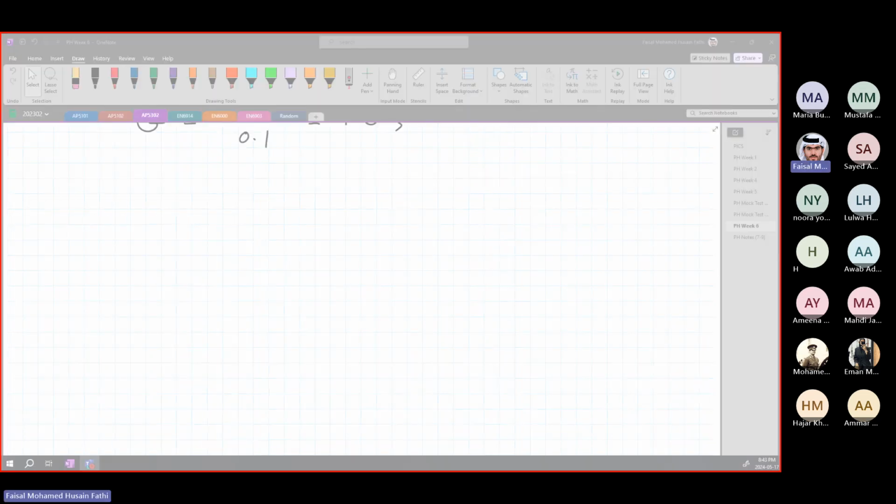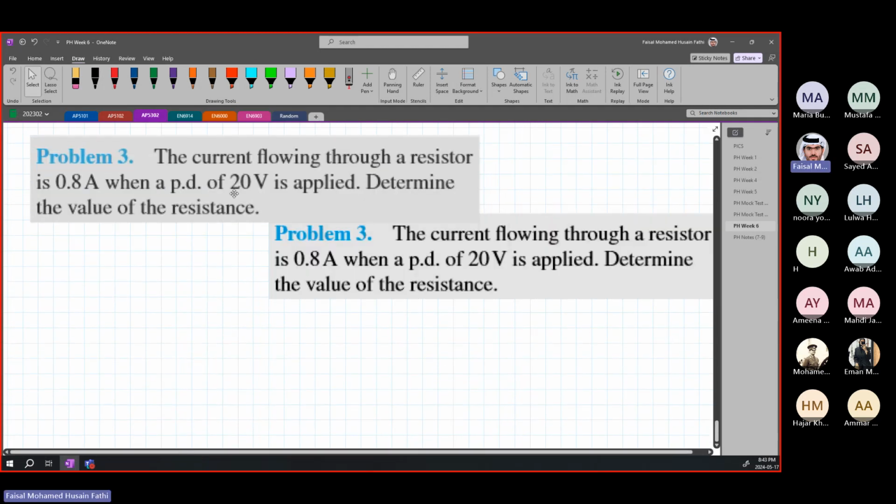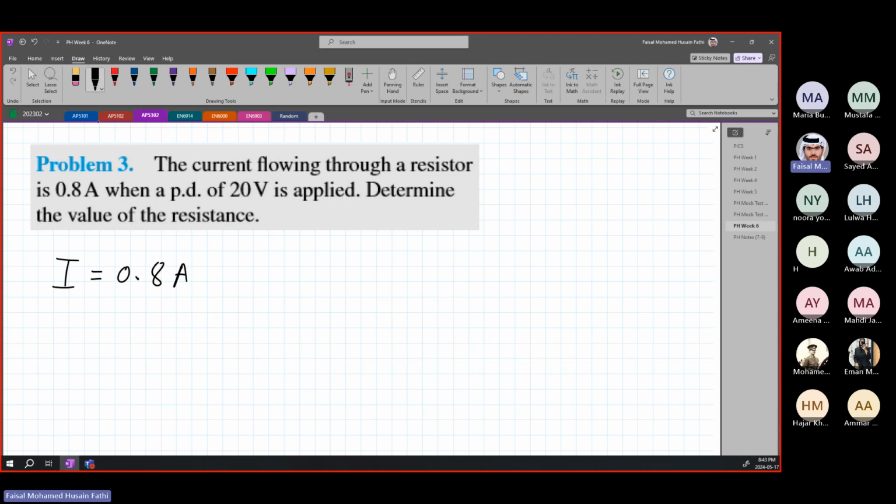Okay, I'm gonna guess that everyone's okay with it. Let's start with an easy one. So the current flowing through a resistor is 0.8 amperes. So we know that I is equal to 0.8 amperes, when a potential difference of 20 volts is applied. Remember, PD is equal to voltage, all right?